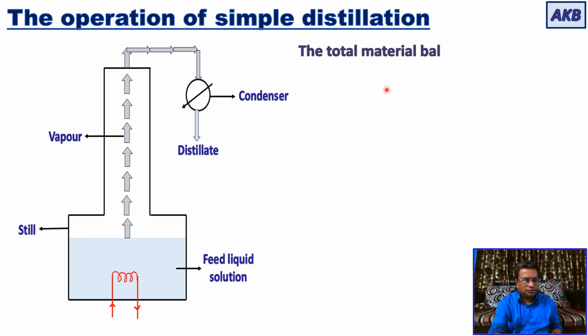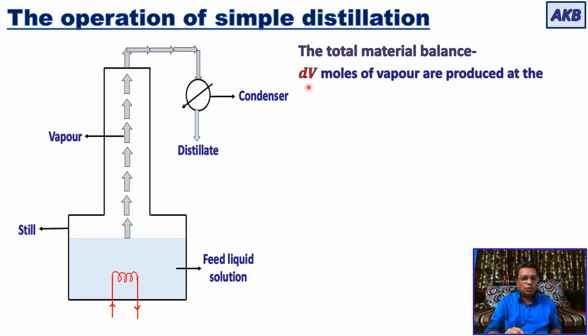Now, with this understanding, how are you going to write the total material balance for this situation? dV moles of vapor are produced at the cost of dL moles of liquid. That is, when dL moles of liquid vaporize, dV moles of vapors are produced.